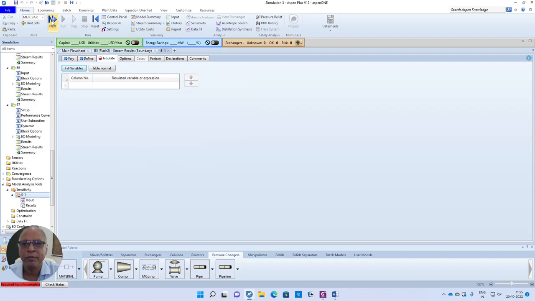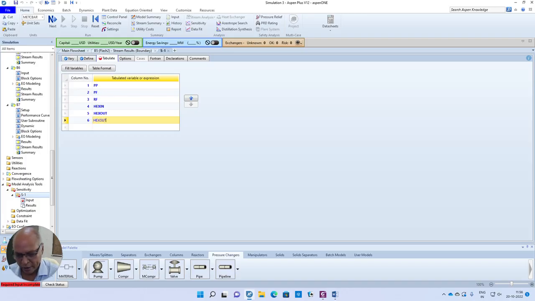So let me simply fill variables. All the variables that you have listed will automatically come, but in fact we don't have the ratio. Now I would like to define this ratio as x out divided by x in. In fact, because we have already defined them, if you want you can keep them, but I would like to even remove this.